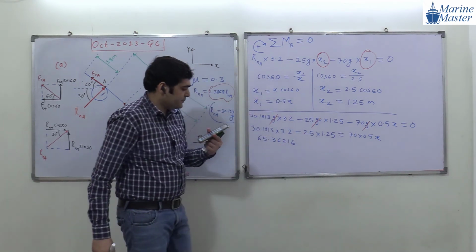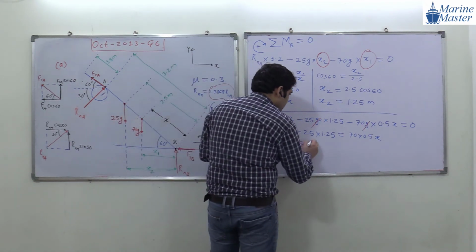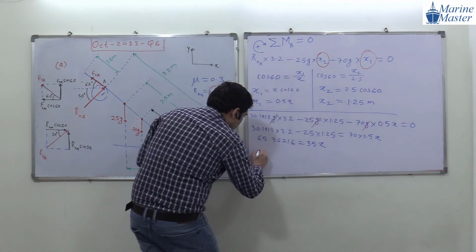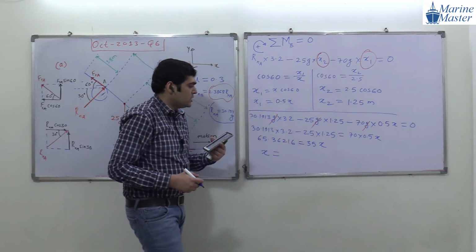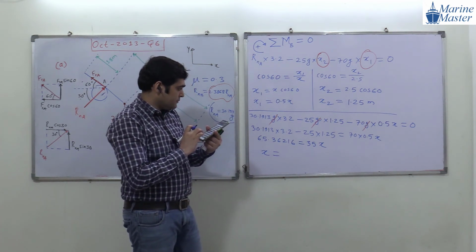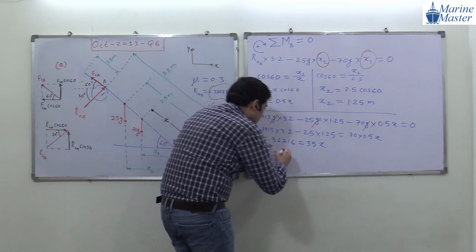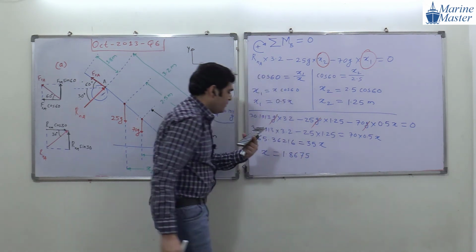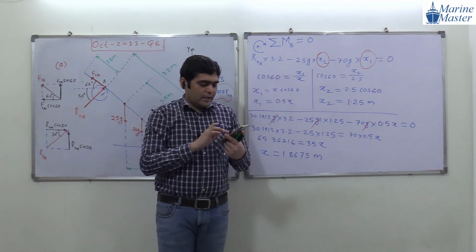Check it out. 70 multiplied by 0.5, 35 into x. So what will be the value of x? 1.8675. Unit will be meter. Okay, everyone, are you getting my point?